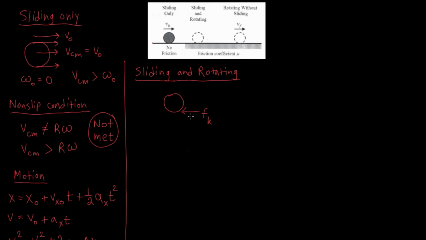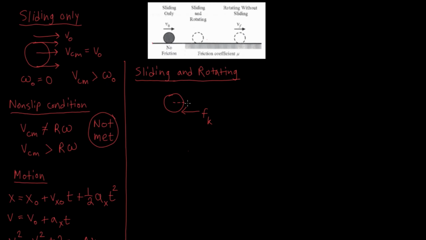And so initially the velocity of the center of mass of the object was v naught, but now since the force of kinetic friction points in the opposite direction to this velocity, the new velocity of the center of mass will now be decreased due to this frictional force.